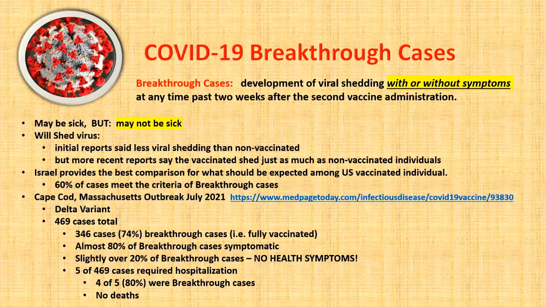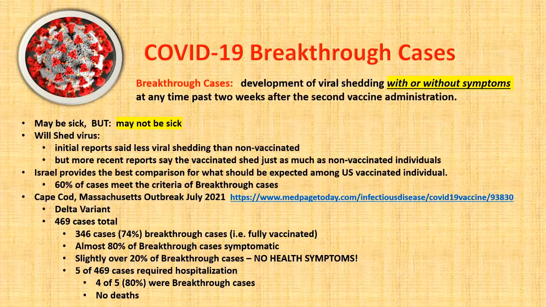They thought initially that the shedding for those that are vaccinated was less than those that are not, and now they know that it's equal, that there's really no difference between those that are vaccinated and those that are non-vaccinated. We have cases out of Israel.